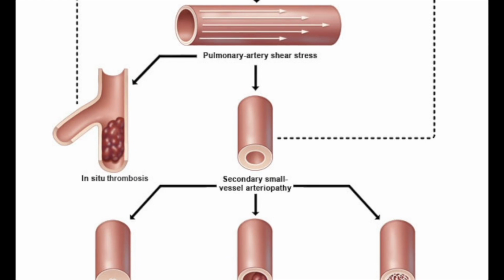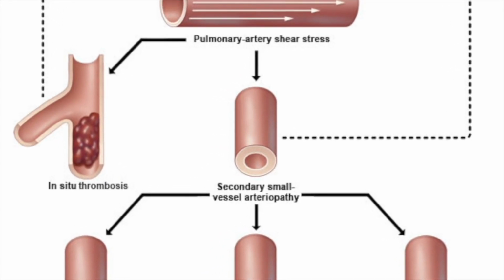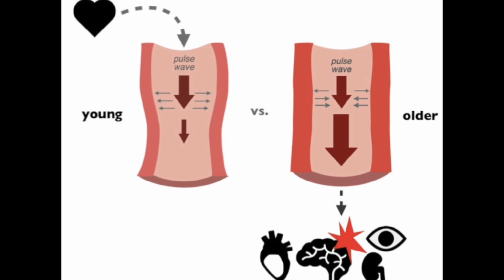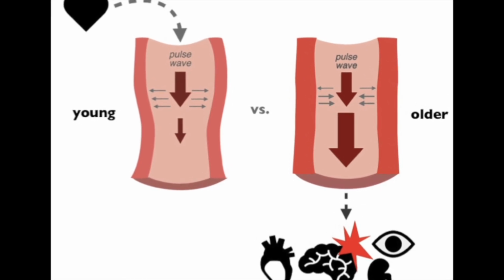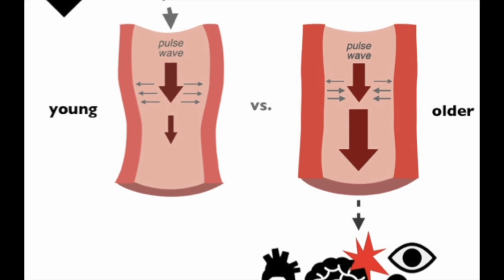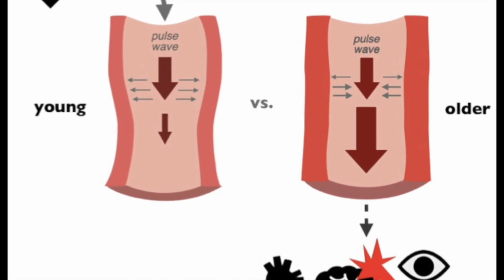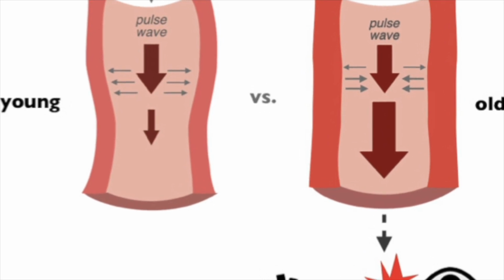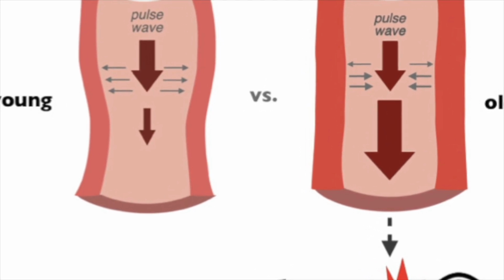It's when clotting happens in the blood vessels. And fourth is vascular wall stiffening. It's when the wall gets so stiff that it doesn't allow the arteries to contract. All these factors lead to higher pulmonary vascular resistance and pulmonary arterial pressure, which will lead to right heart failure.